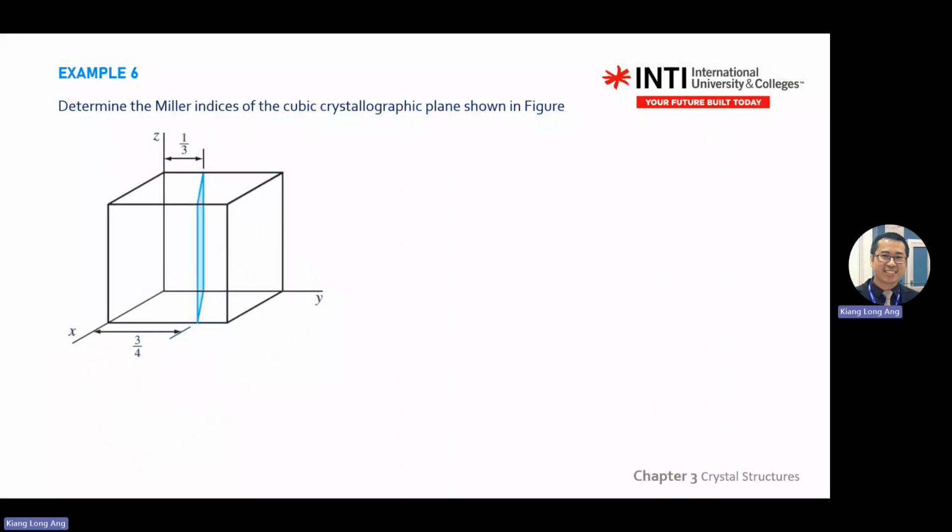Okay. All right. So we see one example on that. It asks you to determine the Miller indices of the cube, as you see here. So you're given a cube and a plane cut in this direction. So x is here. No, y. You're given a z. So x basically is infinity.